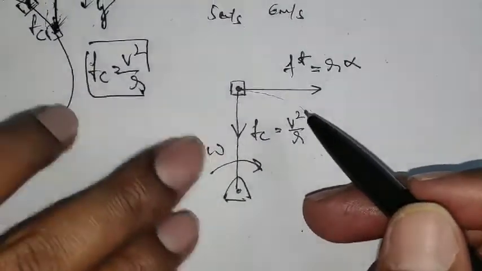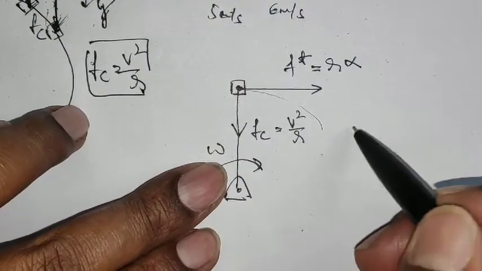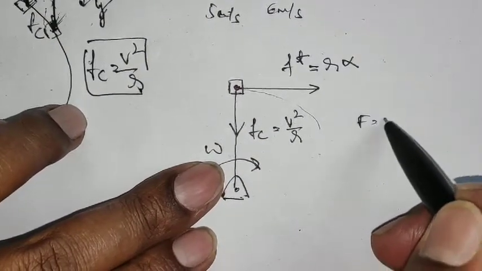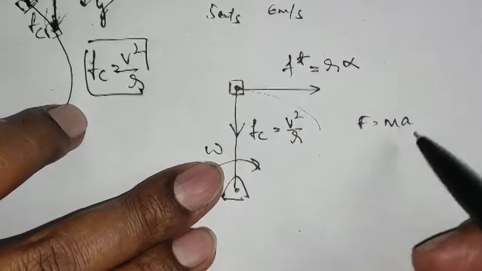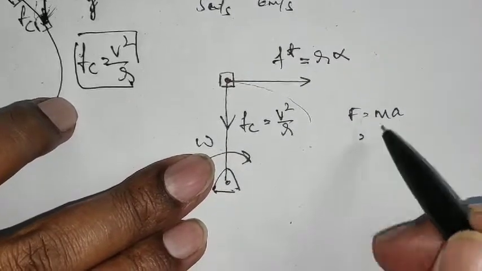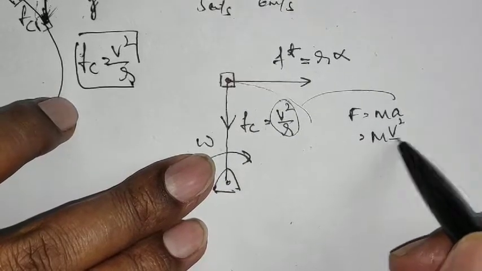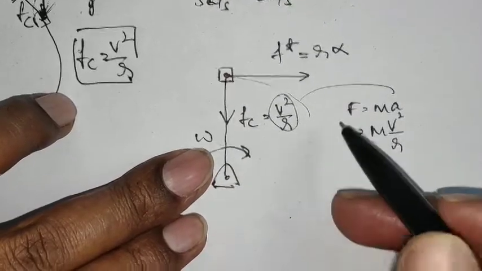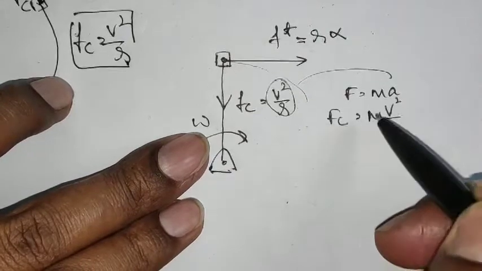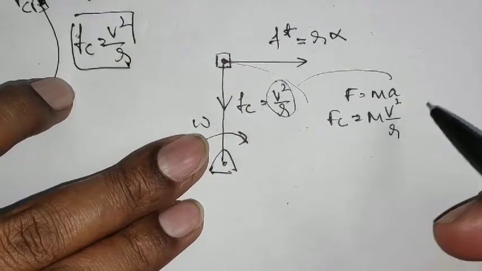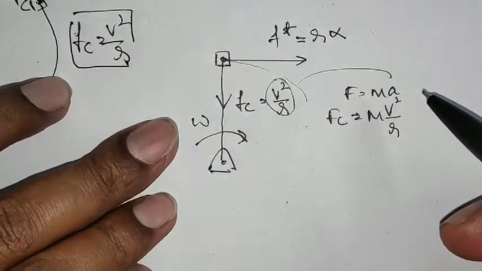So you can recall that we know F is equal to ma, where a is acceleration. If we substitute this v square by r here, we get the formula m v square by r. This is a familiar formula, the formula for the centripetal force, which is also equal to the centrifugal force.